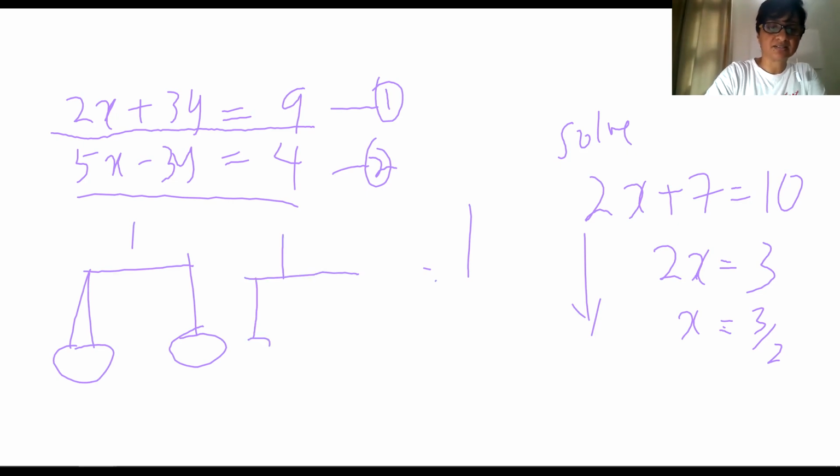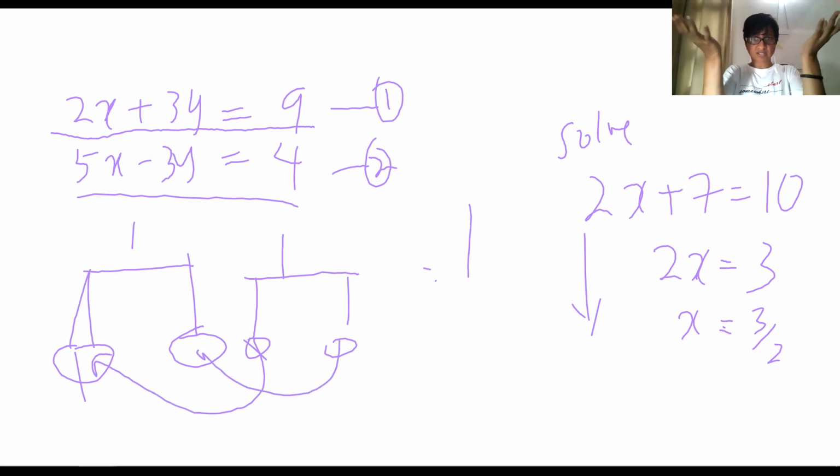Again, the two sides are balanced. If I put this side and this side together, if I transfer these to this and these to this, would the balance go out of balance, or would I get another new balanced balance? Would the balance stay in balance, or would it go out of balance?